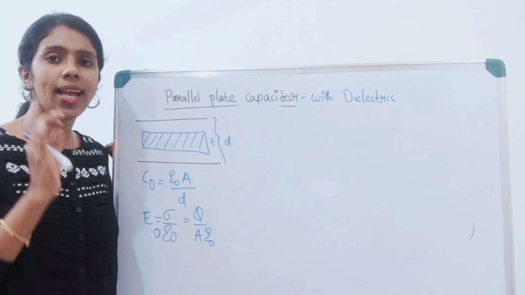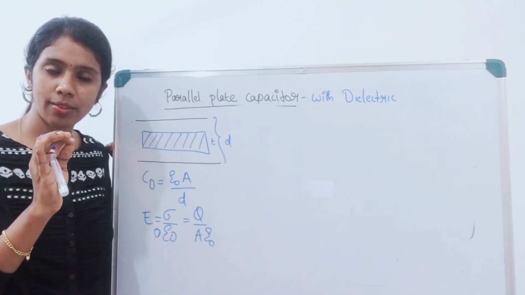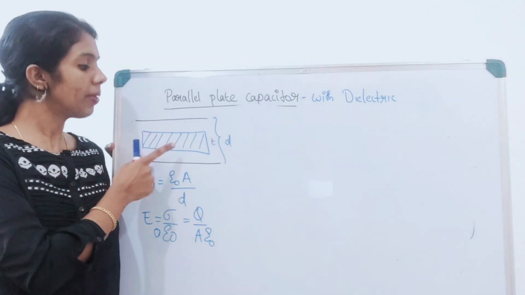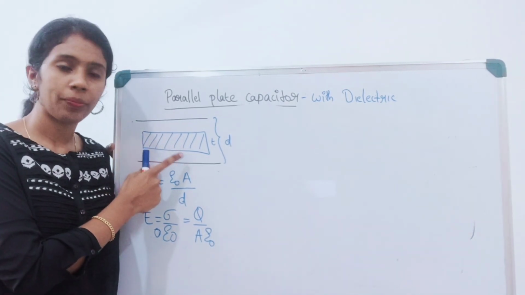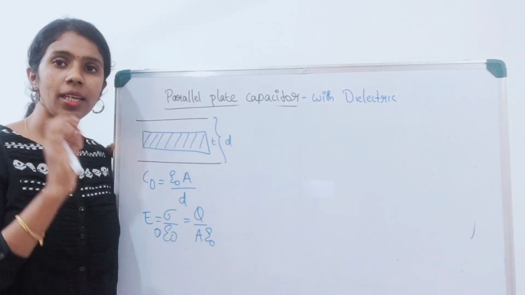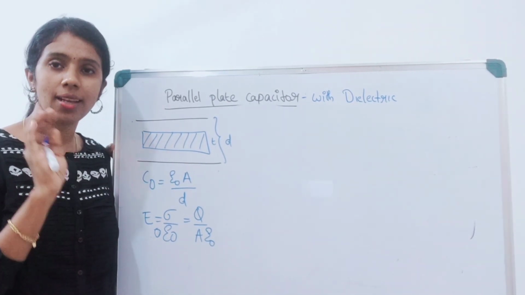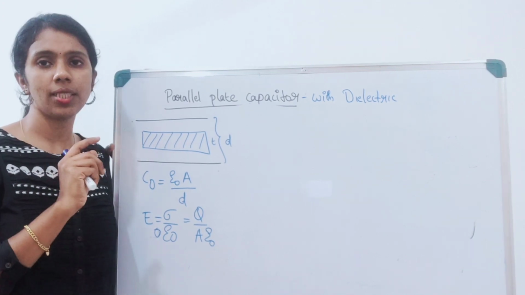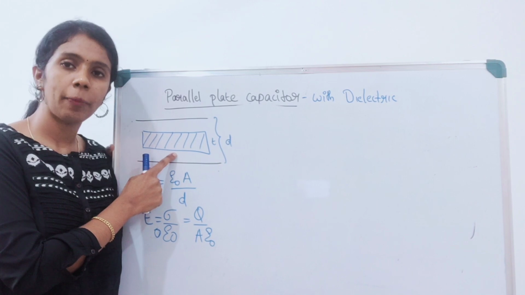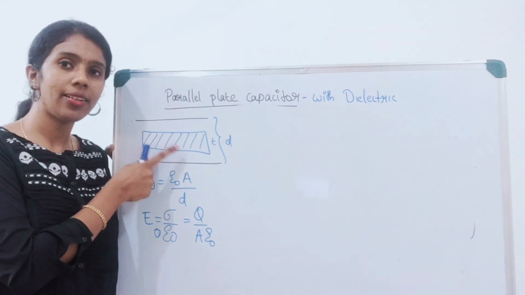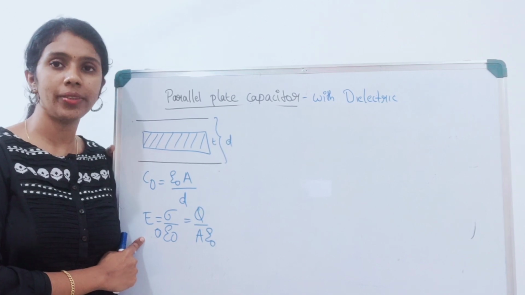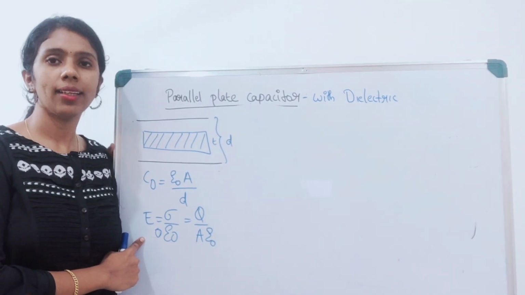Now, when the dielectric is kept in an external electric field, it undergoes polarization. As a result, there will be an electric field within the dielectric. So, considering this figure, the total potential difference arises due to two electric fields. One is the electric field inside the dielectric, and the other is E0, the external electric field in between the parallel plates.